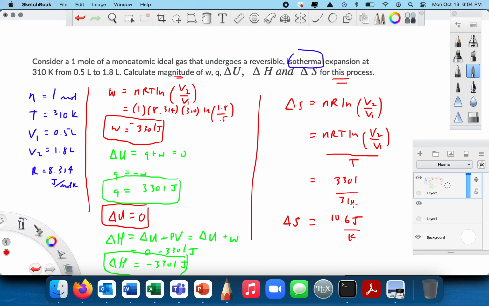It's definitely becoming less ordered, so the change in entropy is going to be positive, because entropy is the degree of disorder and it's getting more disordered. So it's positive 10.6. So here's the first question, work. There's the second question, heat. Then internal energy, enthalpy, and entropy. Hope that's helpful.